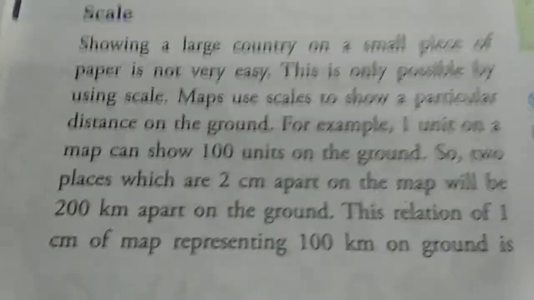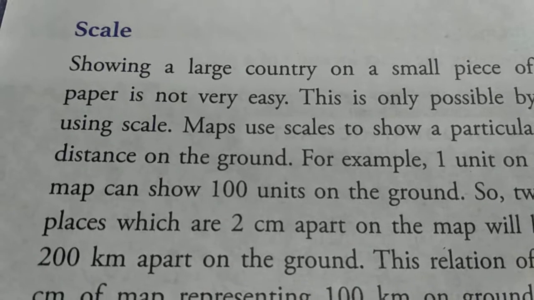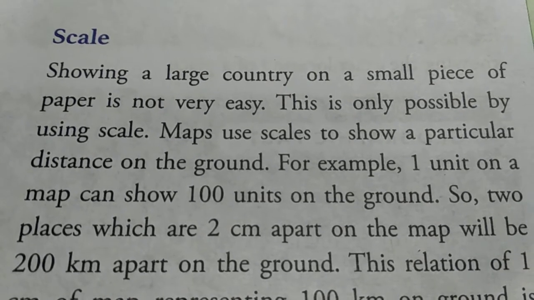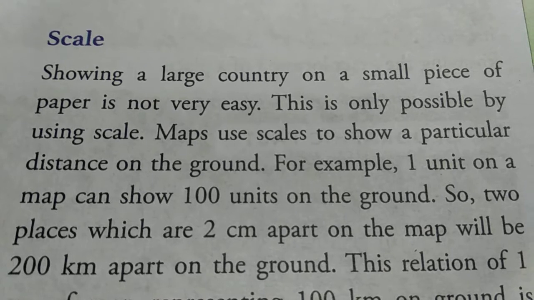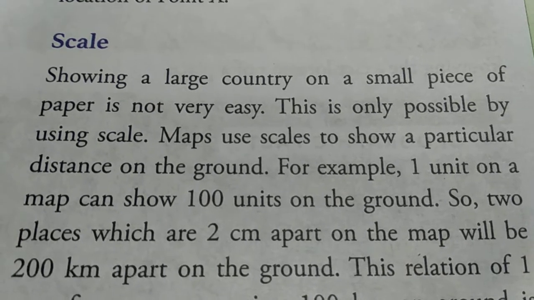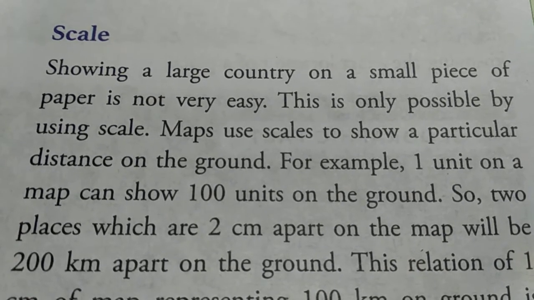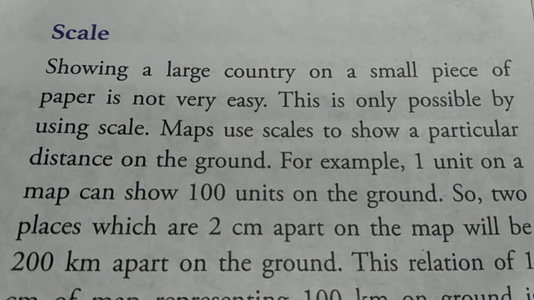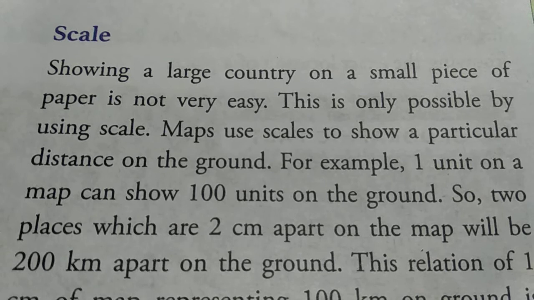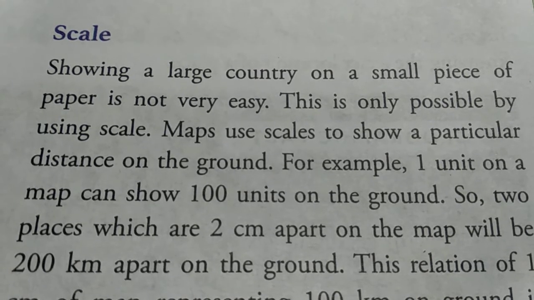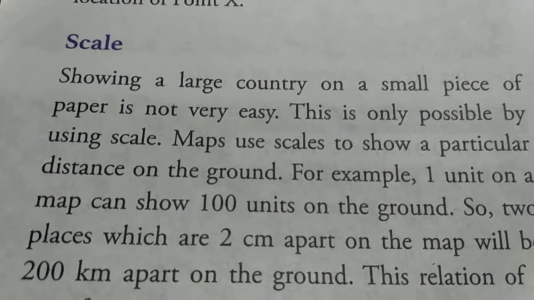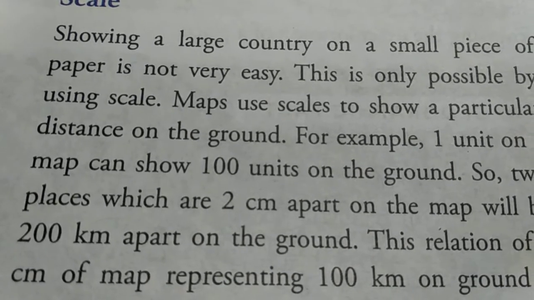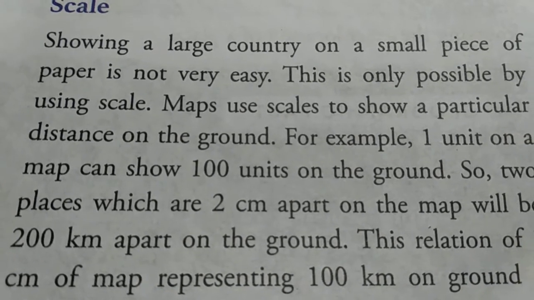Now, scale. What is scale? A map shows a large country on a small piece of paper, so it is not easy or possible to use the actual distances. So on a map, scales are shown for a particular distance on the ground. For example, 1 unit is used for 100 units on the ground.